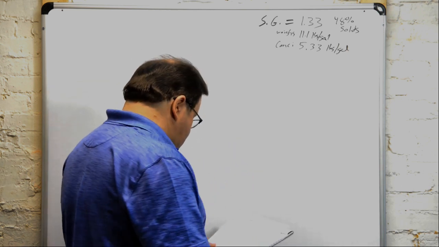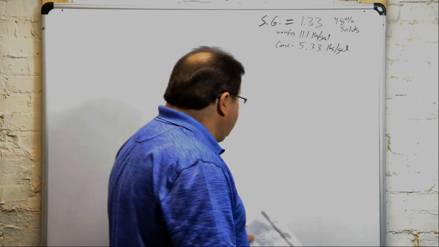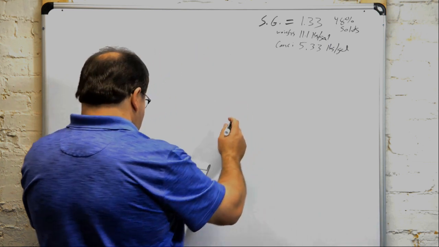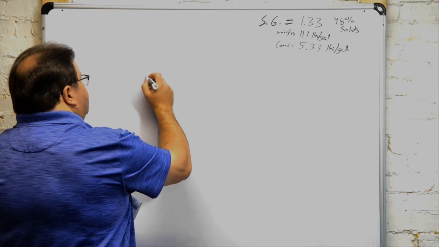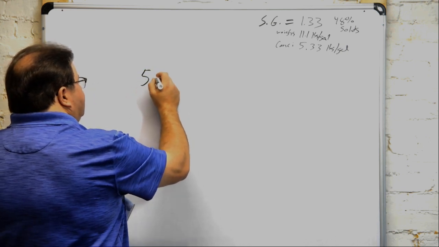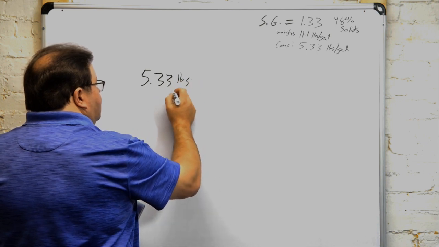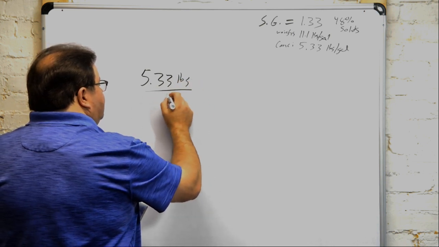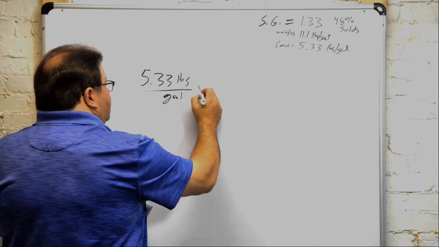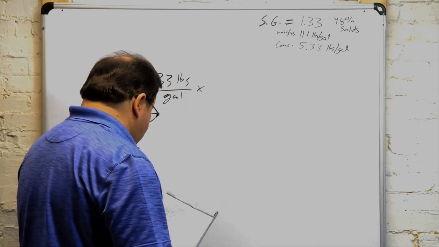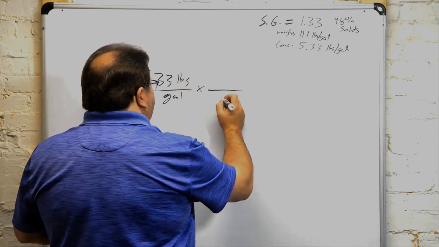All right, so how are we going to convert that? Well, it's pretty straightforward. First, we've got 5.33 pounds per gallon, right? Then I'm going to convert my weight, my mass, first of all.